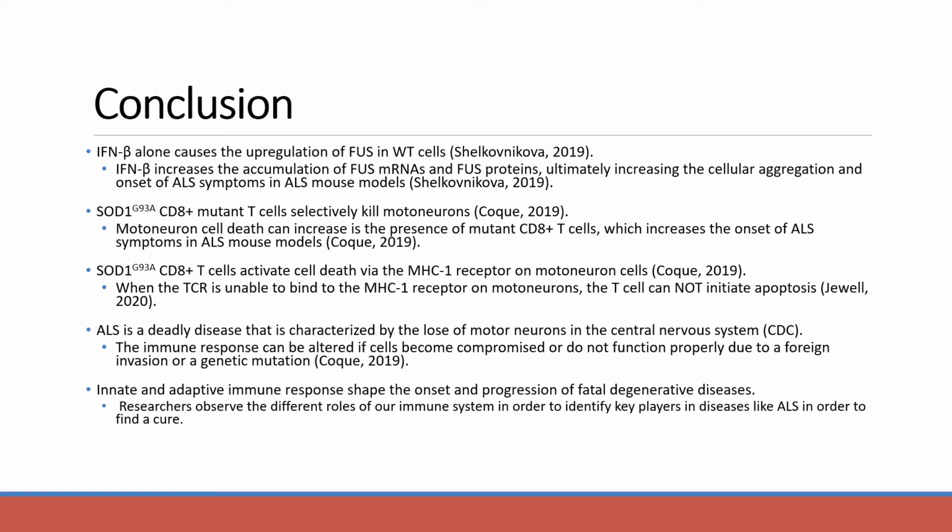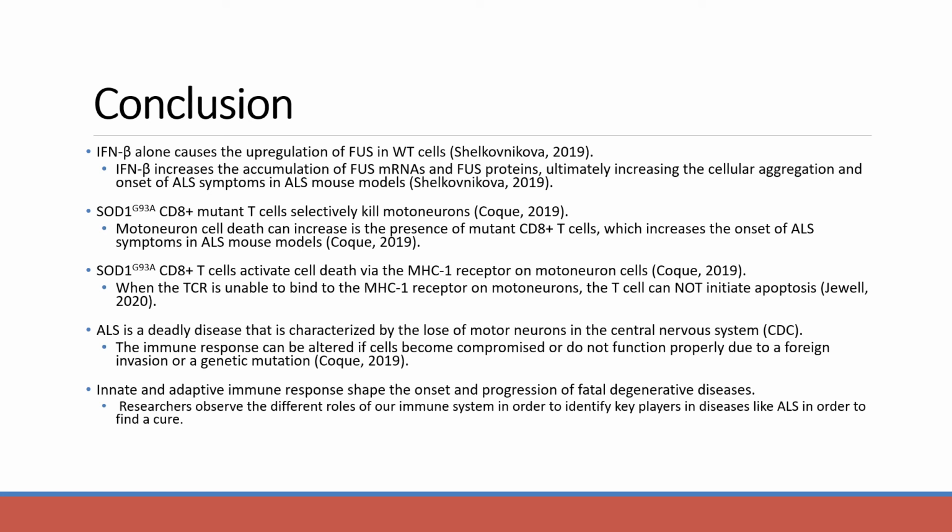The SOD1 mutant CD8 T cells selectively kill motor neurons. So motor neuron cell death can increase in the presence of these mutant CD8 T cells, and that can also increase the onset of ALS symptoms in ALS mouse models. The SOD1 mutant CD8 T cell activates cell death in motor neurons via the MHC1 receptor that's found on those motor neurons.